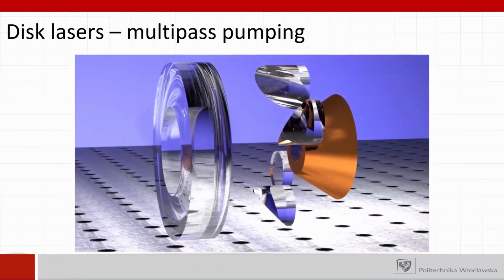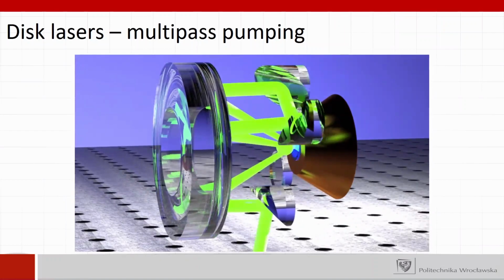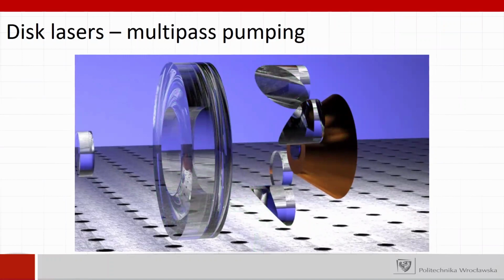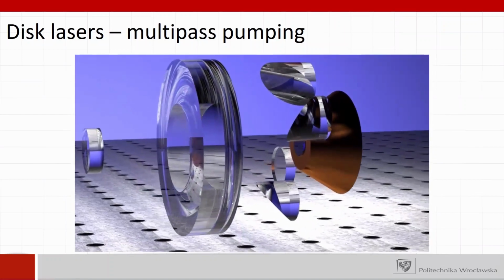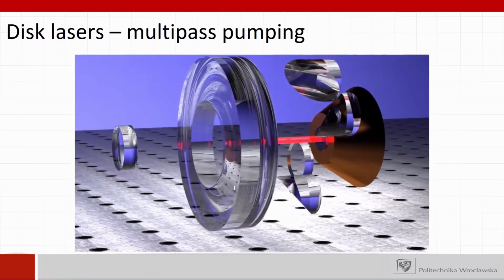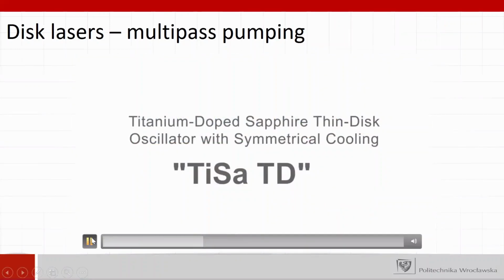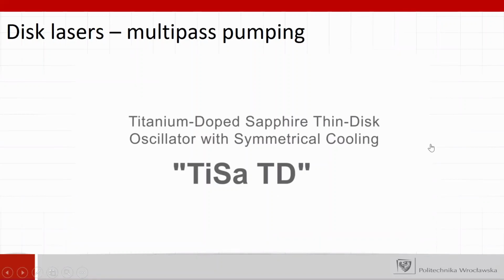And then the pump light is injected from the side, and you see that it bounces between these mirrors and hits the disk several times. So it is somehow, let's say, recycled, right? And the resonator is between the surface of the disk and a back mirror here at the output. Since the back mirror is partially reflective, a portion of light is extracted from the laser.